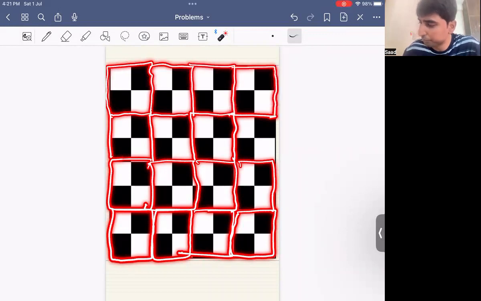Okay, good. Now think about it: if Alex takes any one of those, Katie can take 2 positions in this 2 by 2 square, right? And if Alex takes any one of those other positions, Katie can take 2 positions in one of these 2 by 2 squares, right?